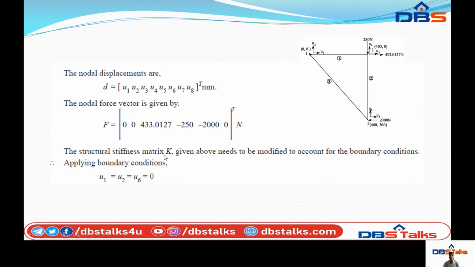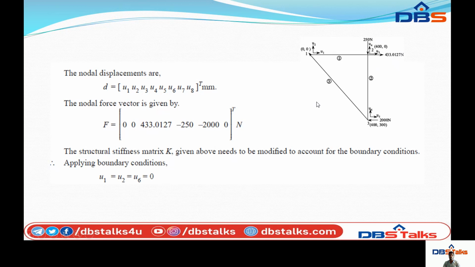The structural stiffness matrix K given above needs to be modified to account for the boundary conditions. Applying boundary conditions here: U1, U2 and U6 are zeros. We already know that boundary conditions are taken from the fixed nodes, which nodes are fixed, with no movement.